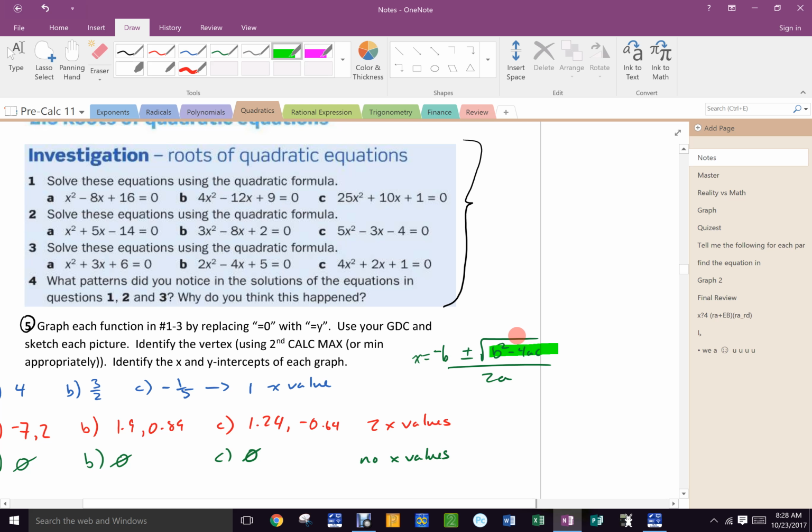A positive number, right? So if that is greater than 0, is it 1, 2, or 3? Which is it? Some people are saying 1, some people are saying 2. Talk to your neighbor. Figure out which it is, because there's only one right answer.